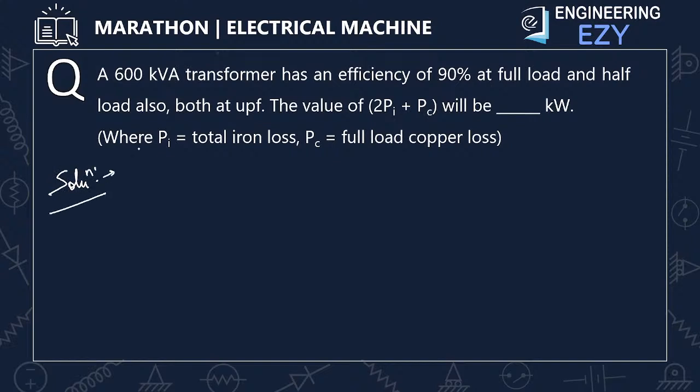So I am solving. In the first case, at full load, you know very well, the efficiency of the transformer at general load. It is an easy question. You can solve easily if you know the formula.